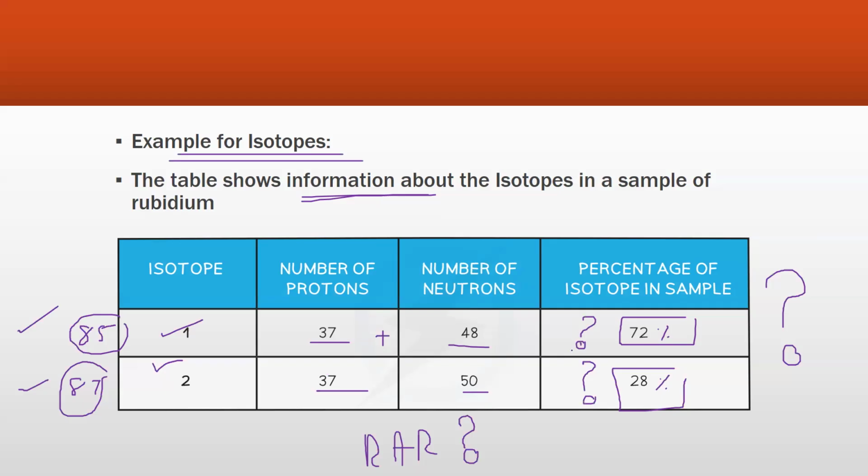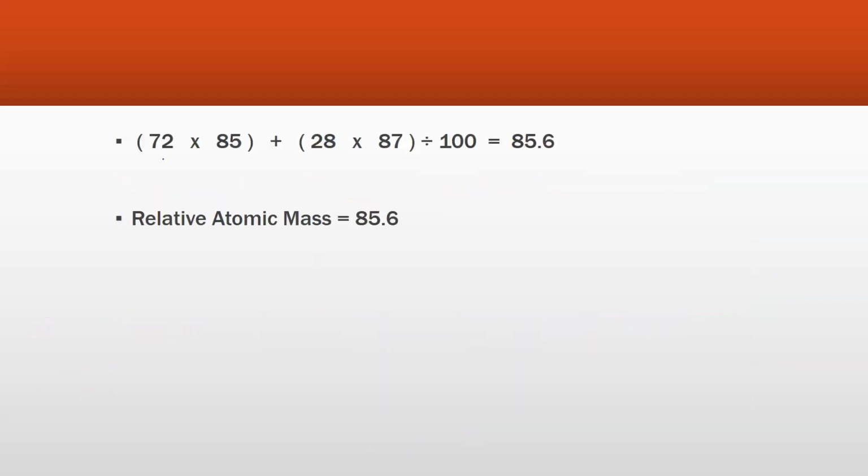Multiply. क्या करना है पूरा बताएं, quick. Tell me the whole formula. Multiply 72 with 85 and then add 28% with 87 and divide by 100. Exactly. ठीक है, 85 multiplied by 72 plus 87 multiplied by 28. Simple as that. Got it?